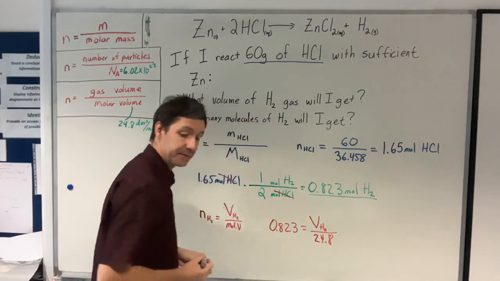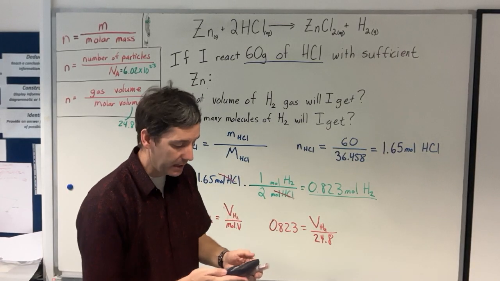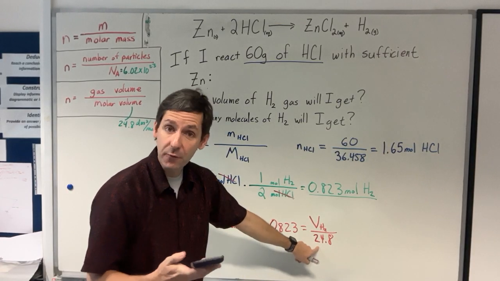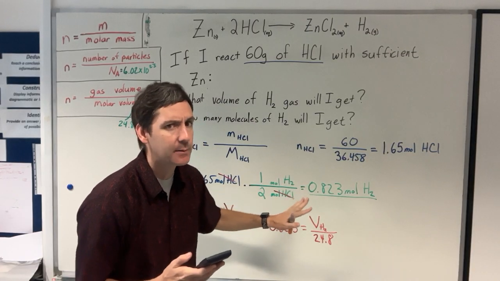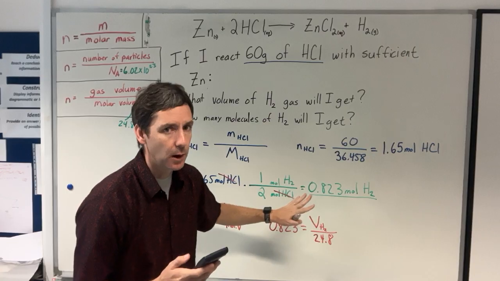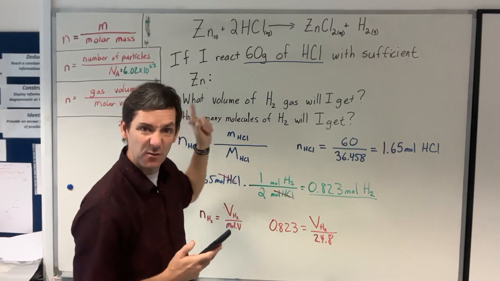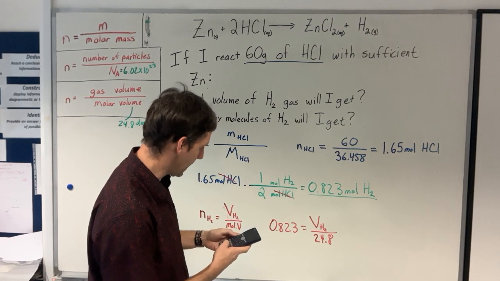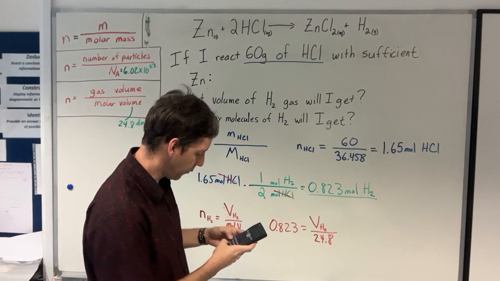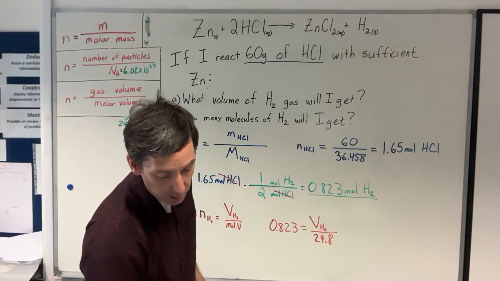And so now all I have to do is solve the problem. I'm going to take that 0.823. I need to get the 24.8 off the bottom of the fraction. This is just algebra, this is not chemistry anymore. The only chemistry is understanding the concepts of volume and moles. So I multiply it by 24.8, and I get 20.4.